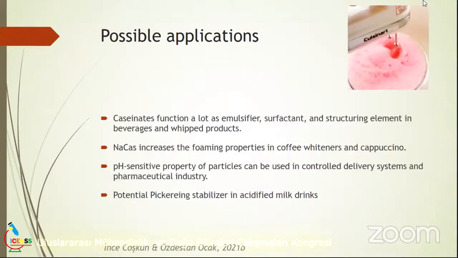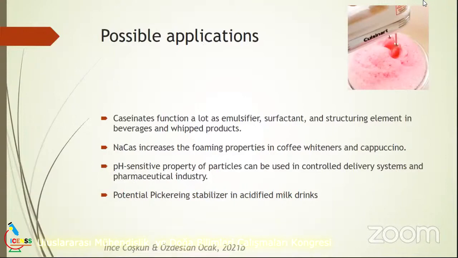And of course, there are some possible applications of particularly the sodium caseinate particle dispersions, because that's the most fun part in our study. Caseinates function a lot as emulsifier, surfactant, and structuring element in beverages and whipped products such as ice cream, mousses, or nougat or marshmallows. They also are used in coffee whiteners and cappuccino. The cappuccino foam, maybe you know, is some type of caseinate.